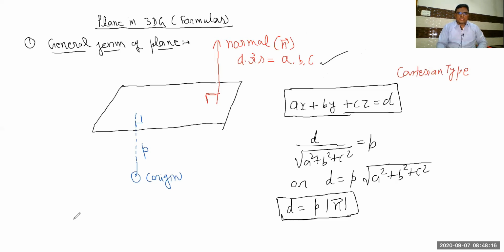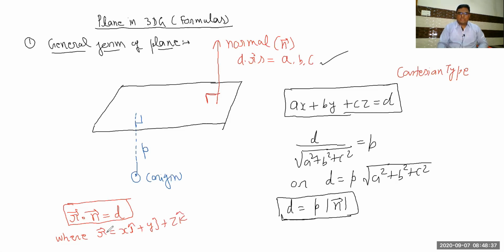The vector type equation is written as r vector dot n vector is equal to d, where r vector is equal to xi plus yj plus zk.